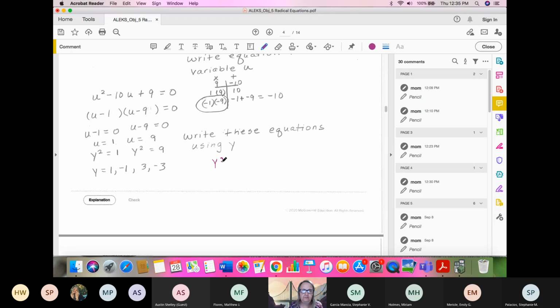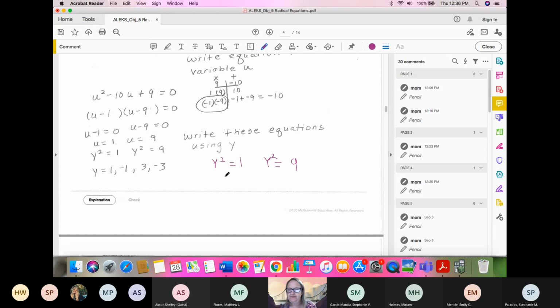y squared equals 1, and y squared equals 9. And I forgot my square up there. That looked a little funny. Okay, so how do we solve these?